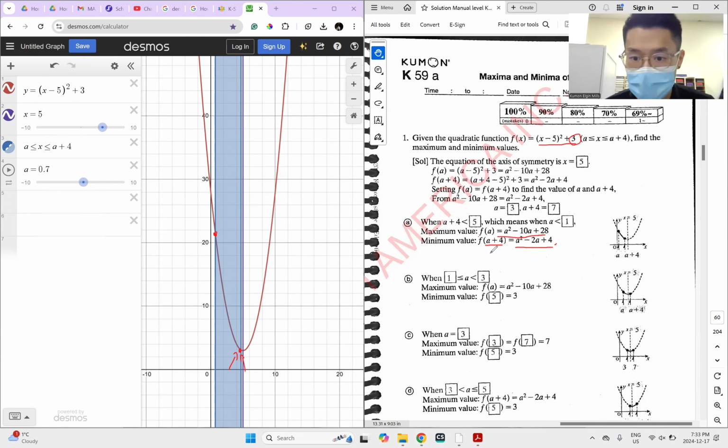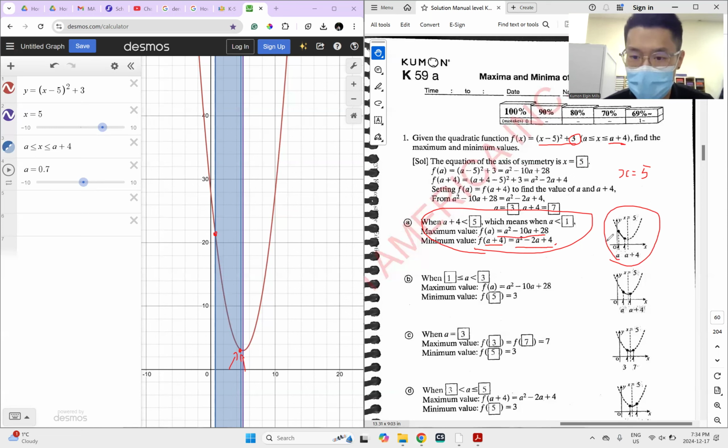So this is when my right side extreme of my domain, which is a plus 4, is less than 5. x equal to 5 is my axis of symmetry, which means my right side is barely or not even touching the axis of symmetry. So this is how we evaluate the first scenario.